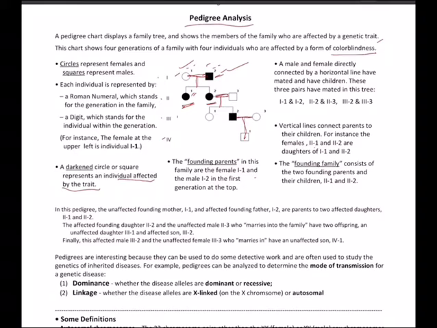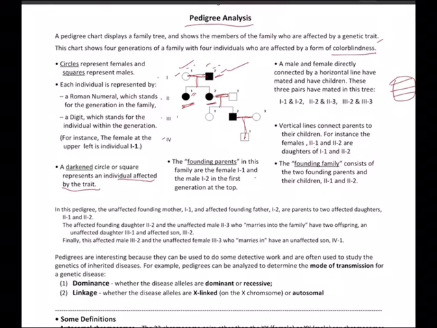Basically, what you need to understand when you look at the chart is that circles are females and squares are males. If either a circle or square is blackened, it is affected. And sometimes there will be a square or circle with lines like this.